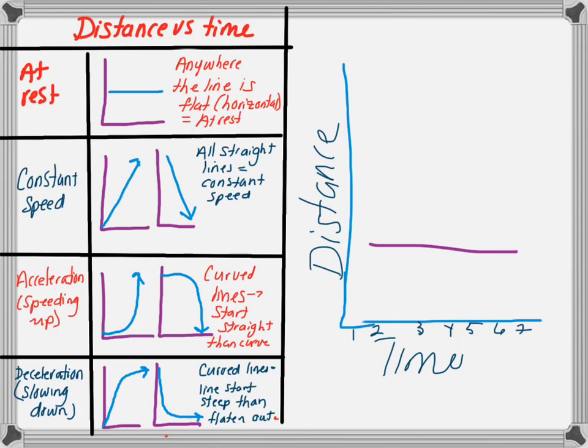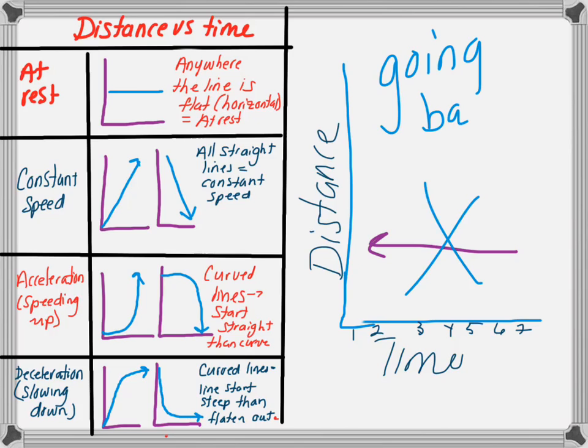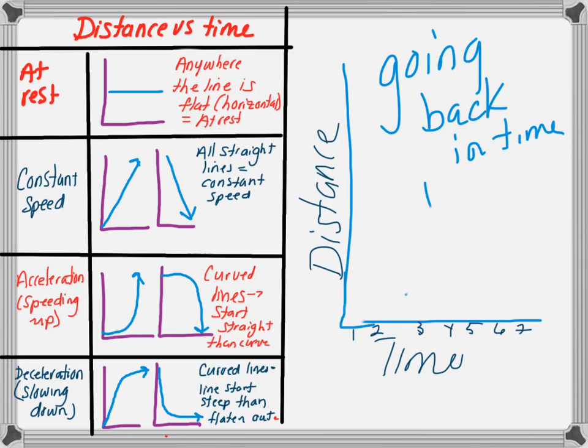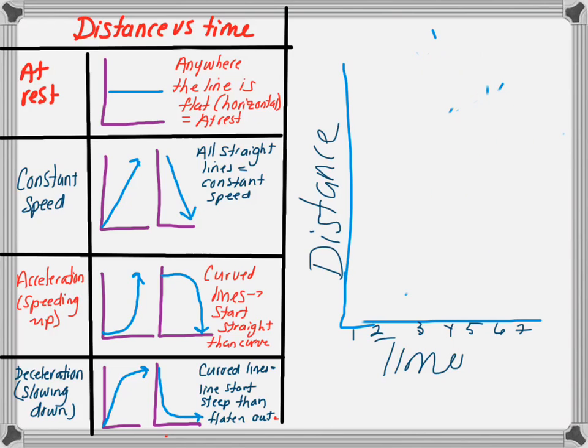You cannot go this way on a distance time graph. That is a big no-no. That would mean you're going back in time, okay? And you can't go back in time. So your arrows should always be facing the other direction, all right? They should always be facing this direction. This is good. Yes, okay?